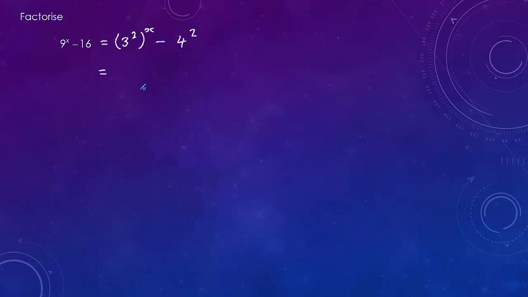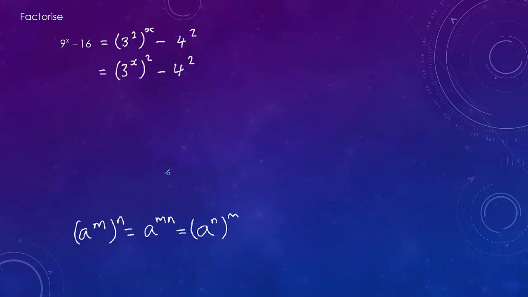Now, we know there's an index law that says a to the m to the n is a to the mn, and of course multiplying things means the order doesn't matter. So we can have that as a to the n to the m. So I can change this to be 3 to the x, squared, take away 4 squared.